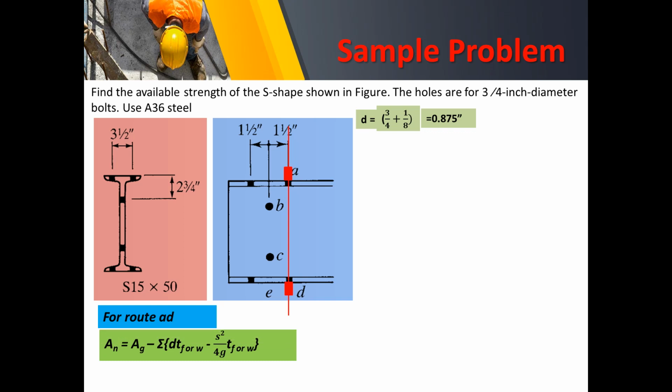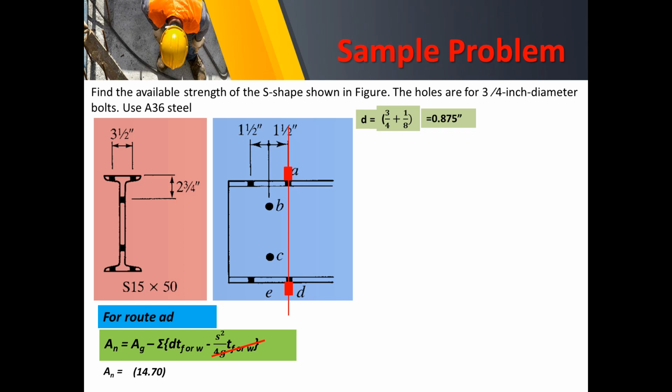In this case, we'll consider the flange thickness, because the connections are on the flanges. Now, there will be no pitch obviously on the root AD. So we'll just calculate.